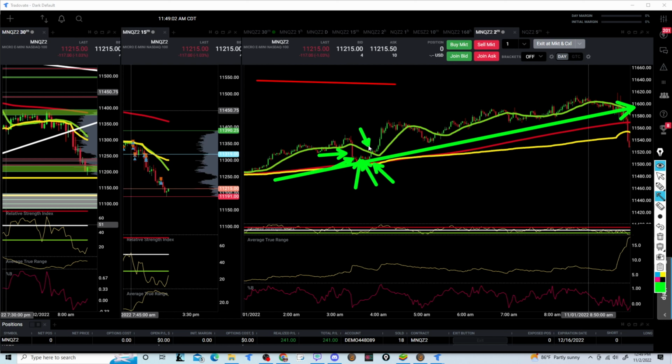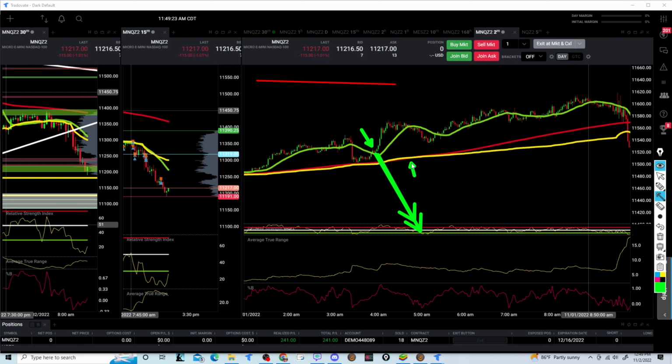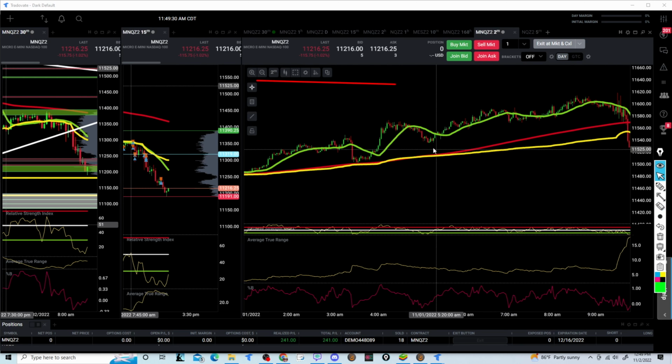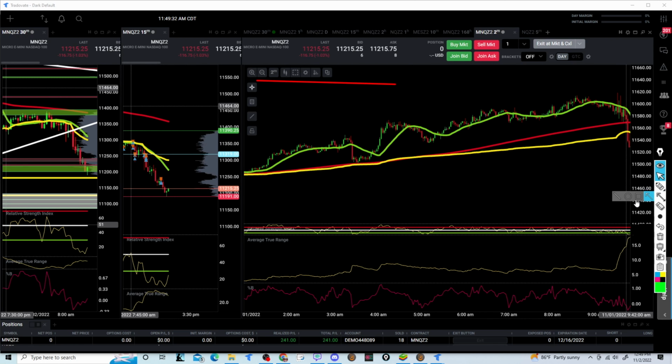You must wait for the 20 to be rising, not falling. Very important that you learn that. If you were looking to get in here, that would not be good because you don't know if it's going to continue to rise or continue to fall. Remember, the 20 is a lagging indicator, just like every other indicator. The only real thing that is in real time is the actual candlesticks themselves.